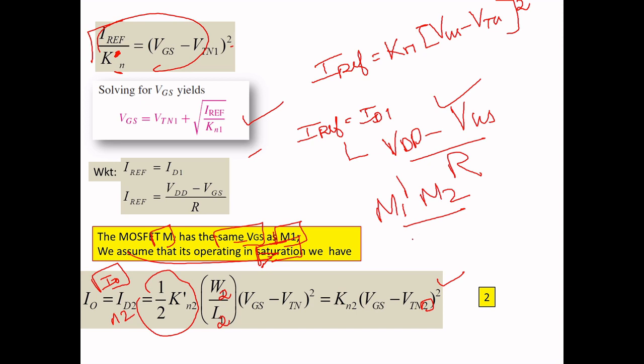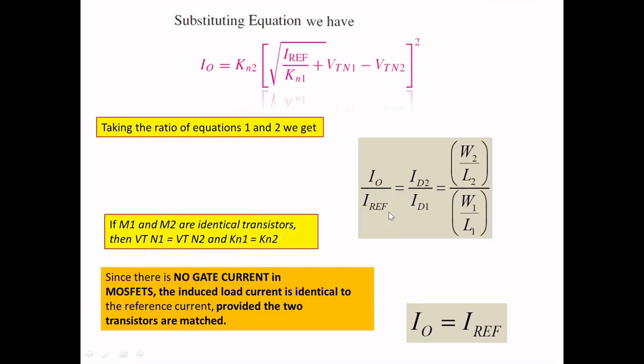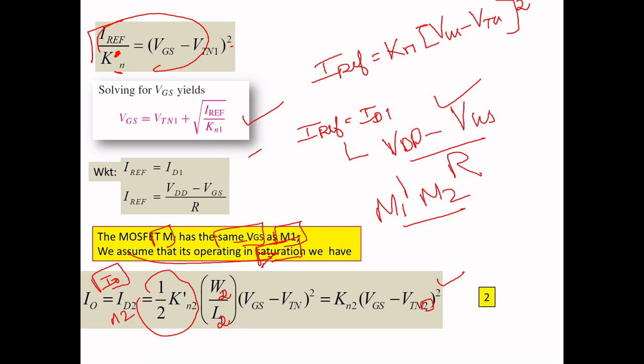Now I want to find the ratio of M2 versus M1. Before that, we have another equation needed to solve the problem. So I have substituted this VGS here. When you substitute, what will you get?